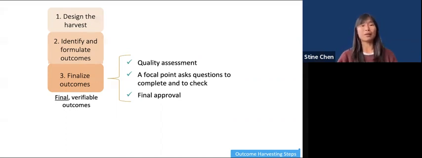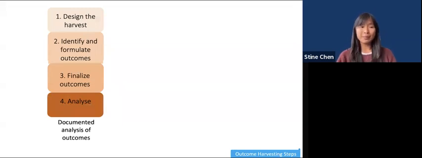It could also be a peer-to-peer review, where you come together with your colleagues to review each other's outcome statements to make sure that they are understandable for someone who is outside of the project or someone who didn't write the outcome statement themselves. And once the statement is completed, then either the MEL officer or the project manager, so the final focal point, can approve the outcome.